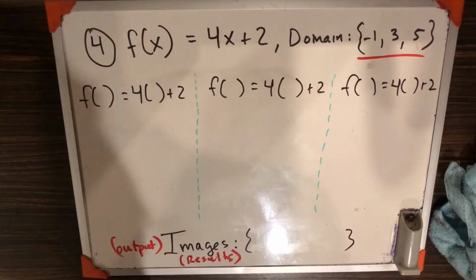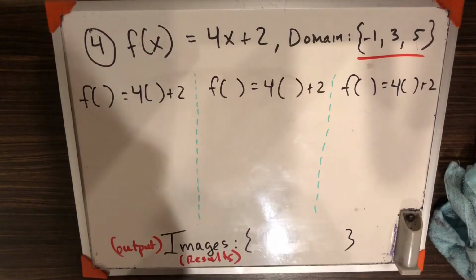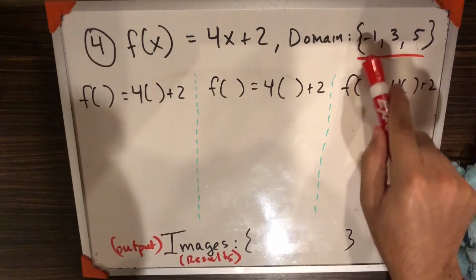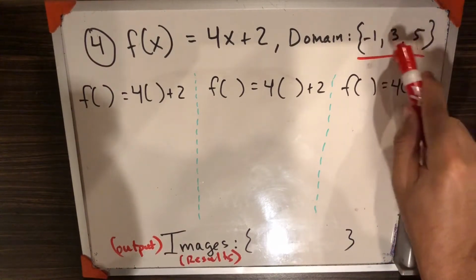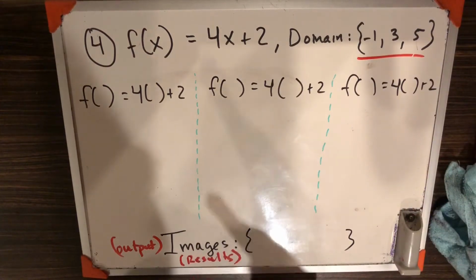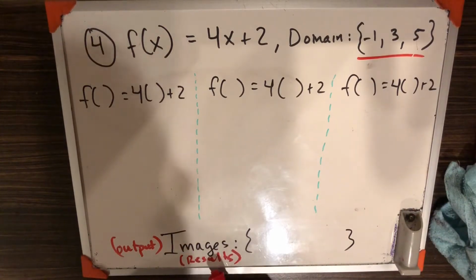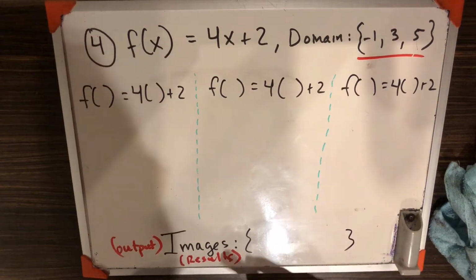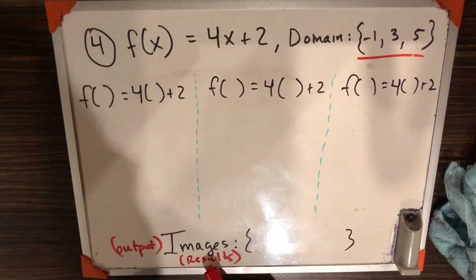All right, number 4. It tells us f of x is equal to 4x plus 2. Our domain is -1, 3, and 5. Remember what images means. It's asking us what the image set would be. Other words for images are y values, results, outputs, range.